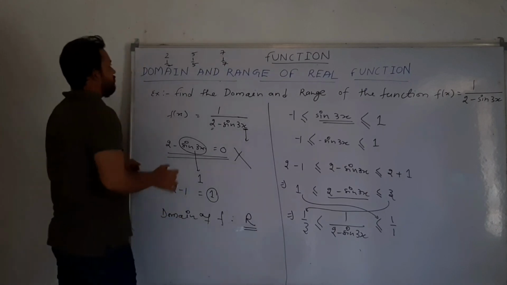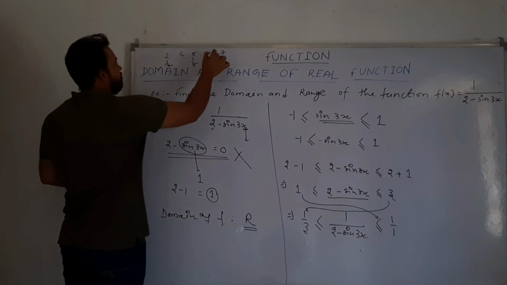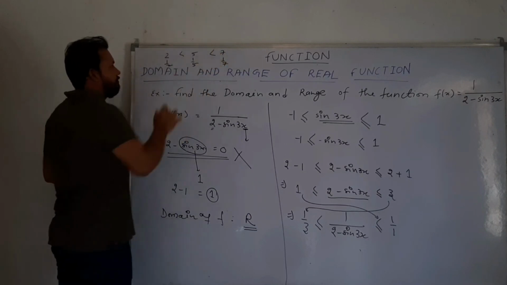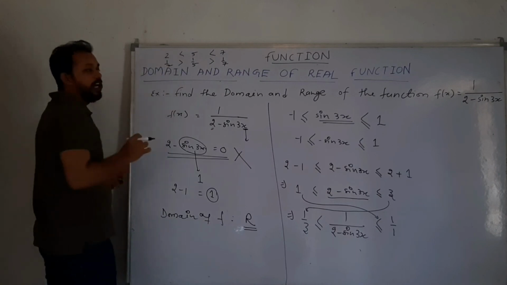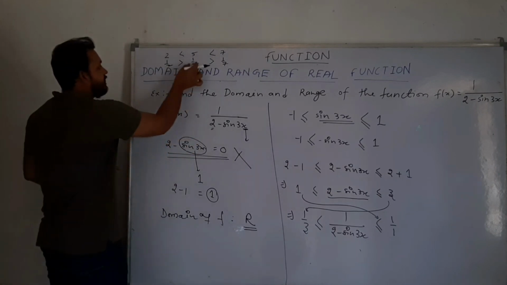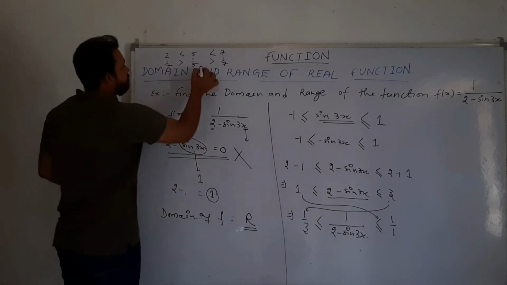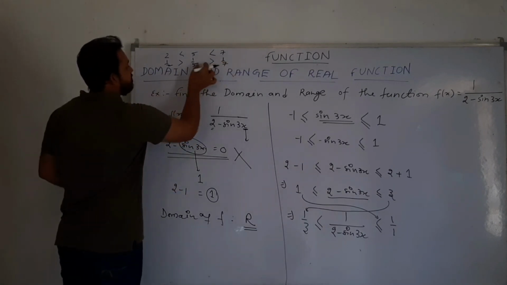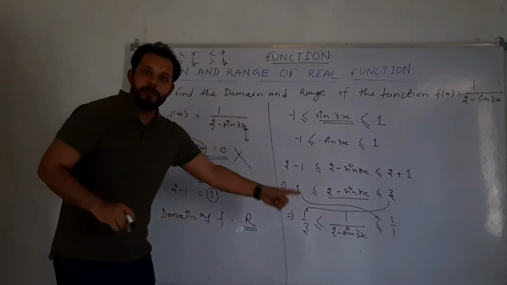So earlier 2 is less than 5, 7 is greater than 5. When we reciprocate the numbers, we can see here 1 by 2, that means 0.5, is greater than 1 by 5, that means 0.2, and 1 by 7 is less than 1 by 5. Hence, the same thing we applied here.